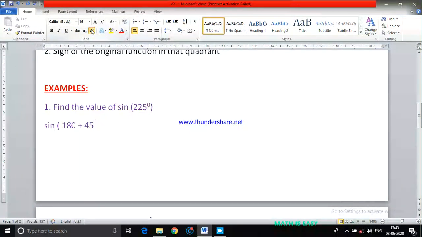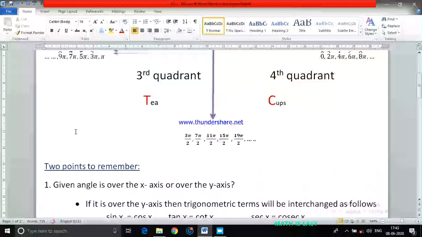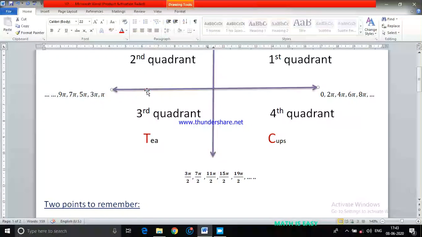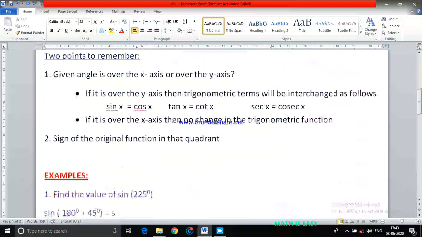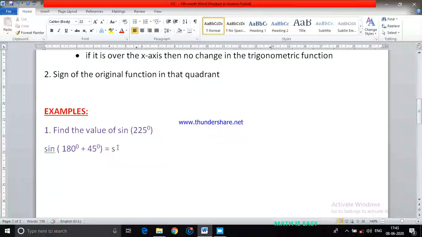Sine of 180 plus 45, which is equal to, now 180 means it is crossing the x-axis or the y-axis? If you want, you can see the 180 is here, plus 45. So you will come to the third quadrant. It is crossing the x-axis. So sine will remain sine only. The sine function will remain as the sine function.